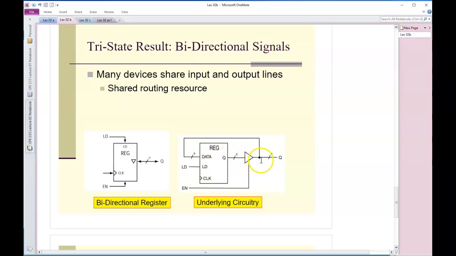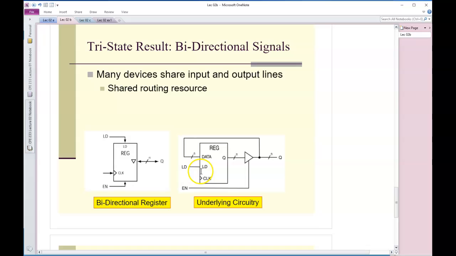This register always has the ability to read data from the outside world, but if this register needs to drive its data into the outside world, I need to turn the enable on. Typically, when the enable is turned on, you're driving data into the outside world. You're never loading it.